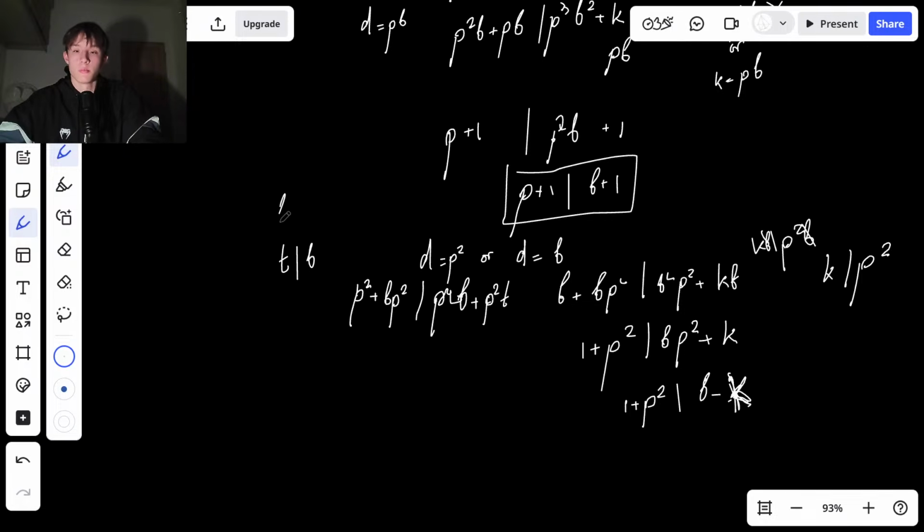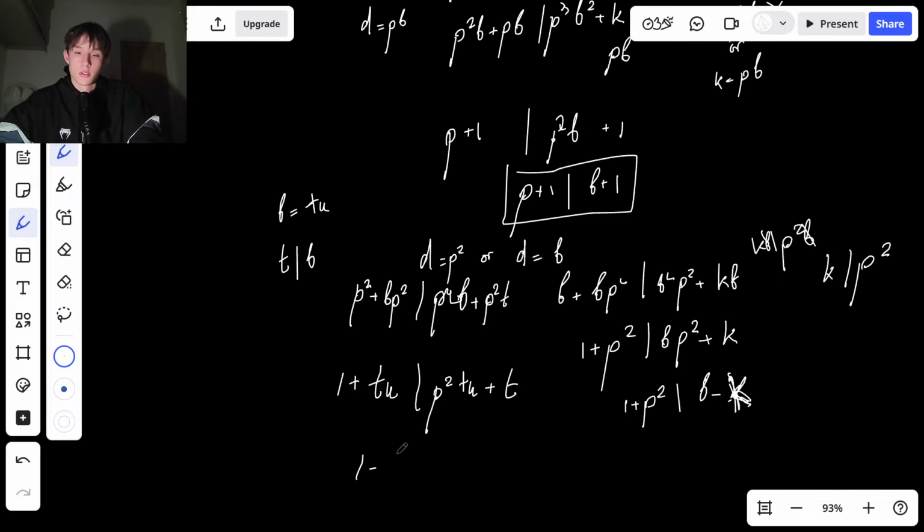So let's write that b equals t times some integer u, and now we divide by p squared, and we get 1 plus tu divides p squared tu plus t.